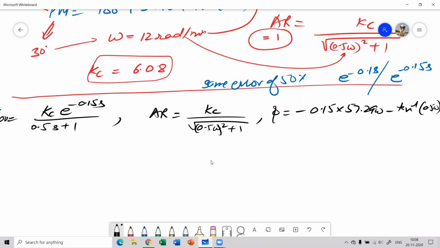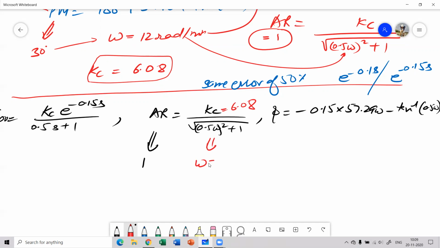Now, what we have done is, for AR equal to 1 and Kc equal to 6.08, we're going to calculate the value of omega.